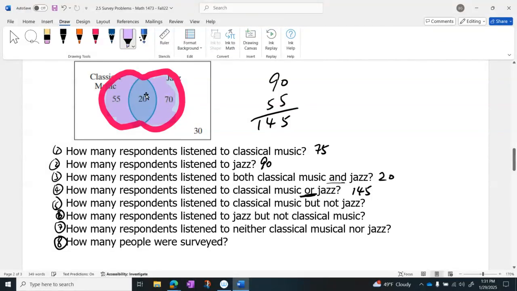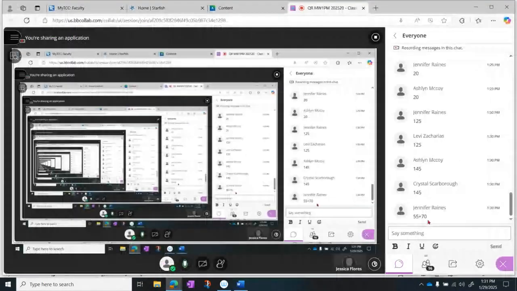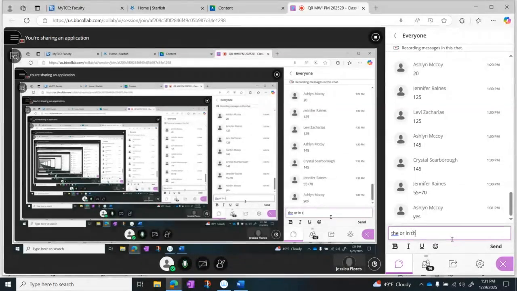When you consider A or B, this is about inclusive and exclusive. Did I talk about inclusive and exclusive? The or in this class is the inclusive or.